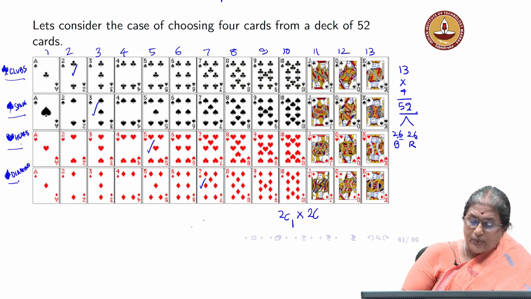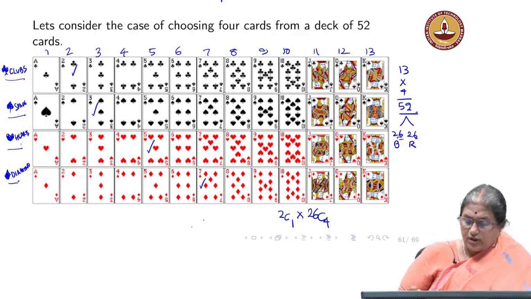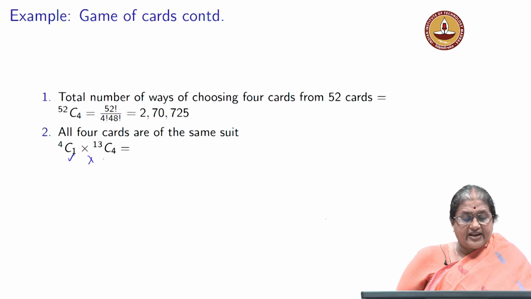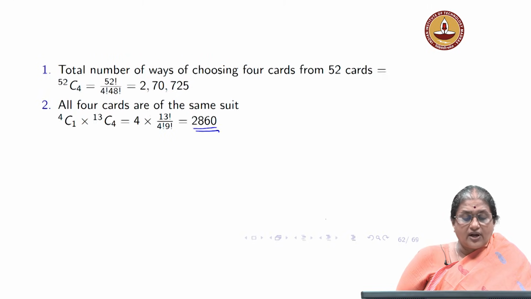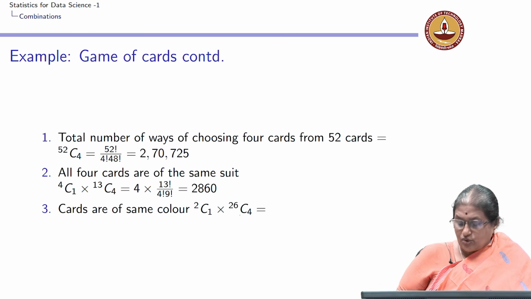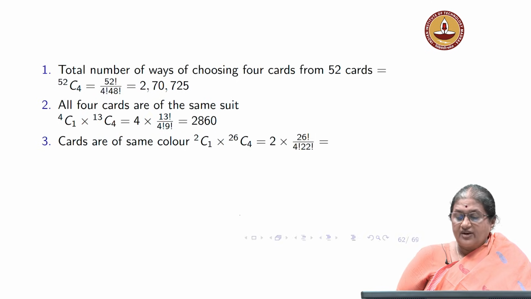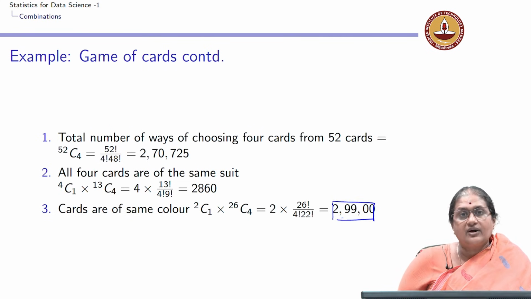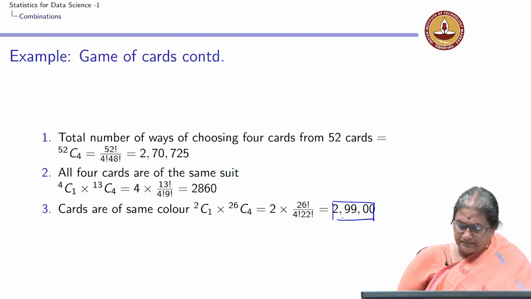I can do that in 26 choose 4 ways. So, the total number of ways I can choose 4 cards of the same color is 2 choose 1 times 26 choose 4, which is 29,900 ways.